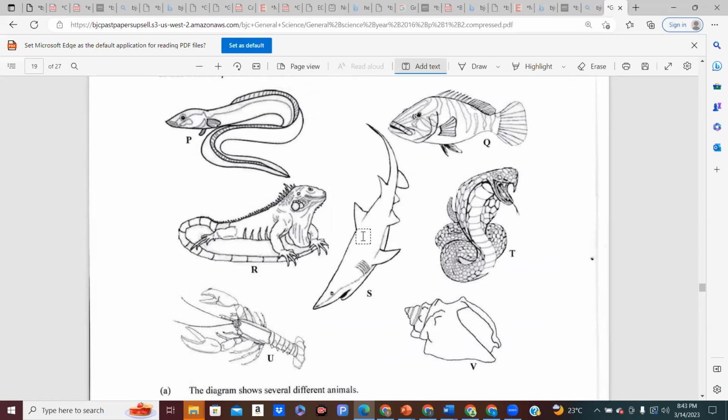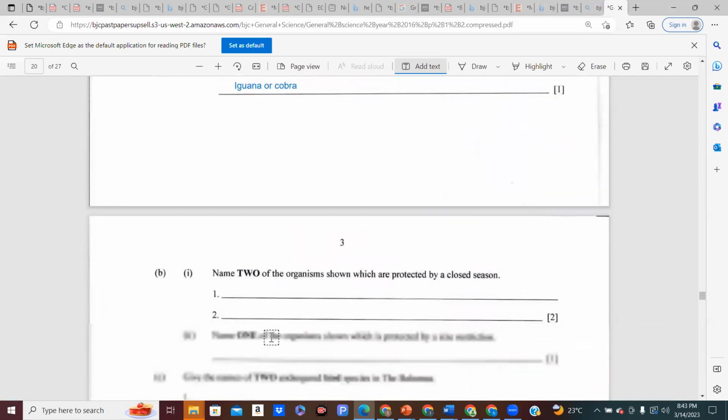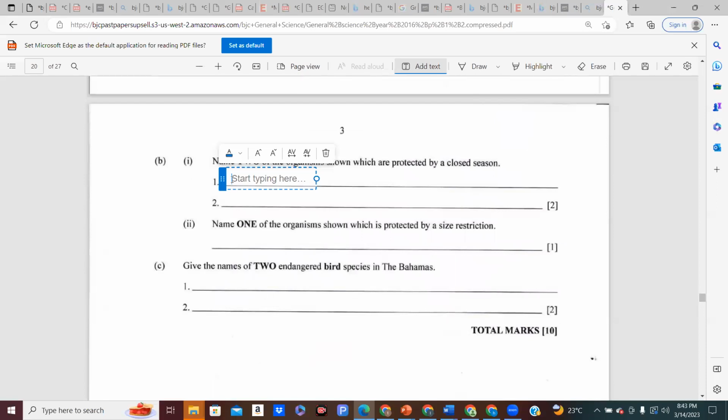I mean, the conch. No, conch does not have a closed season. That's interesting, right? Conch does not have a closed season. The lobster. The lobster, yes. What's another name for lobster? Crawfish.